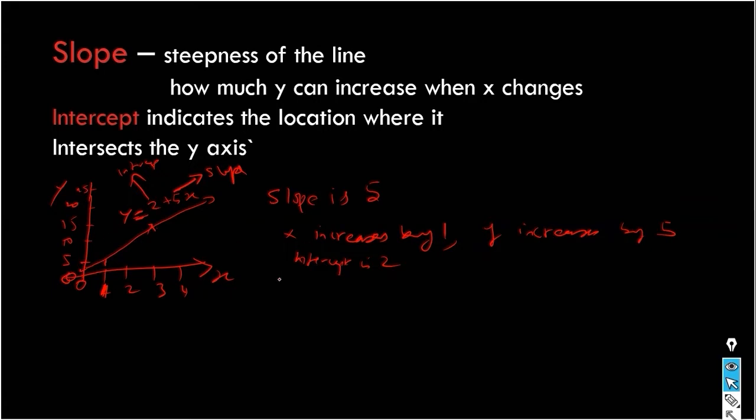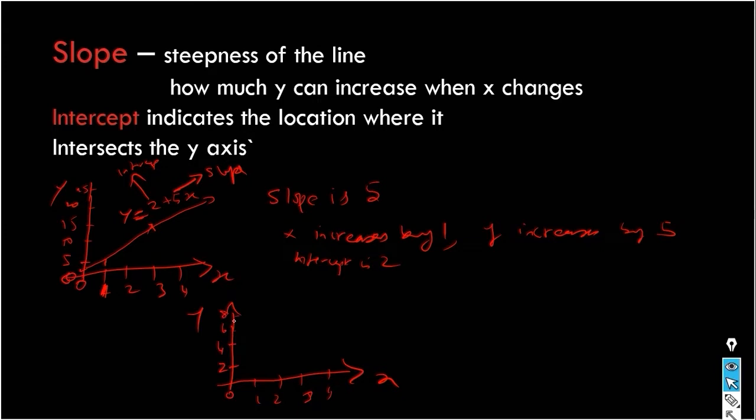Okay, I have another scenario. Same thing here, let me put another one. This is my x-axis and this is my y-axis, with 0, 1, 2, 3, 4 on x, and 0, 2, 4, 6, 8 on y.